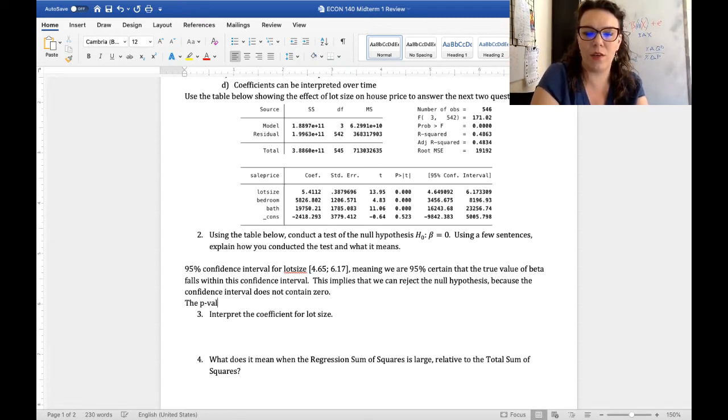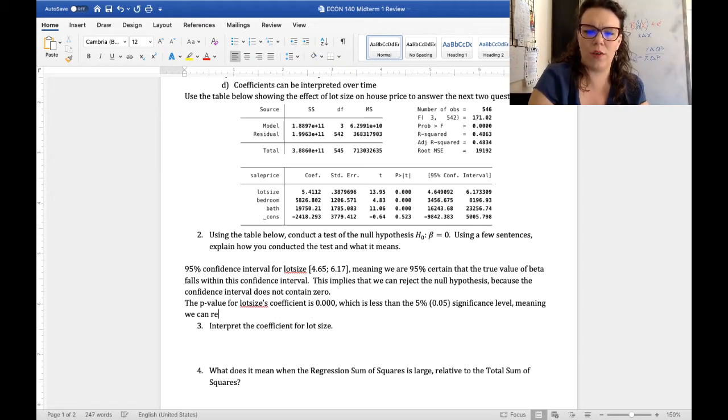We can also look at the p-value for lot size. The p-value for lot size's coefficient is 0.00, which is less than the 5%, 0.05, significance level, meaning we can reject the null hypothesis.